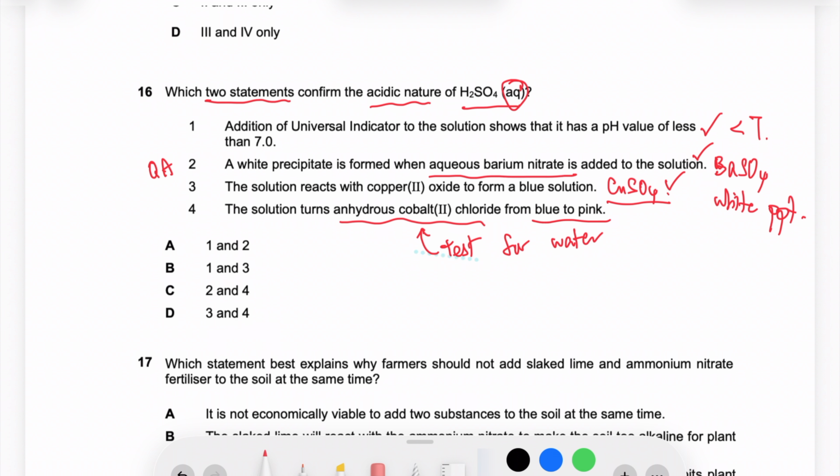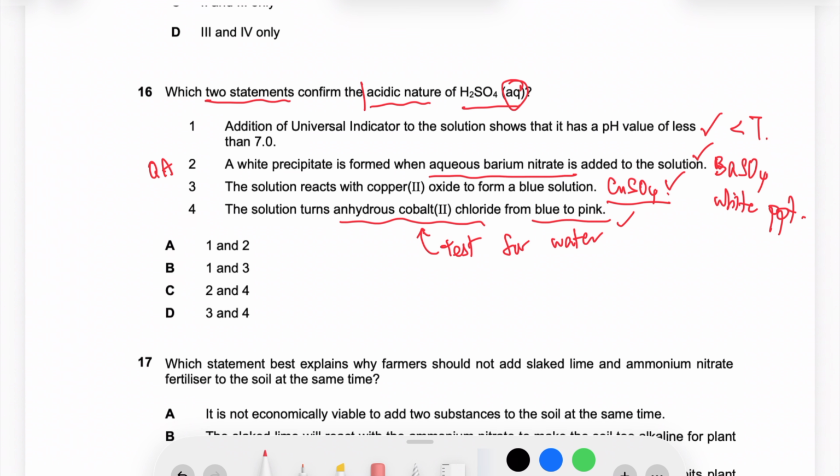So you go from blue to pink, it's true if there's water present. So it seems true. Let me see. Actually, all 4 statements are true.